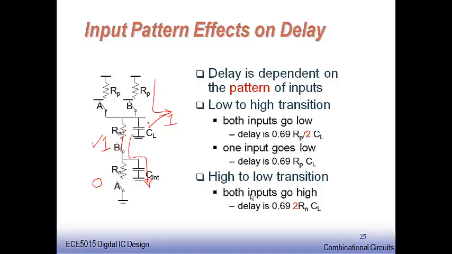Therefore, in this condition, when I consider the TP-HL, naturally the charge I have here should go through here when this goes to 1, and similarly whatever charge I have here will go down to the ground. Through this you will have the current flowing. Therefore, now I will find more time for both the capacitors to discharge, and only if this was the one to discharge down to 0, then it would be less time.